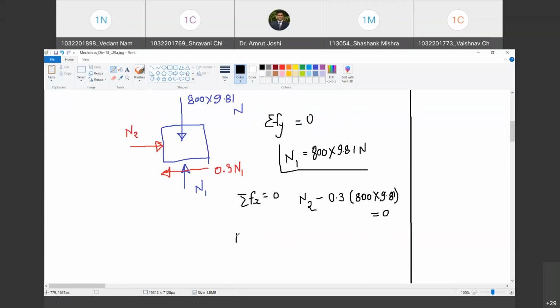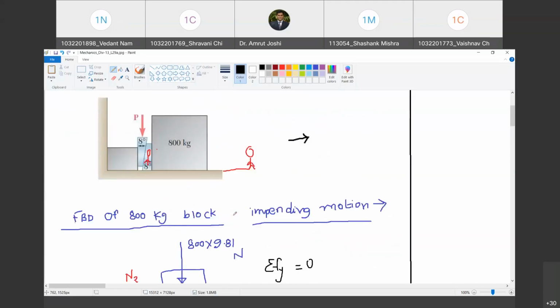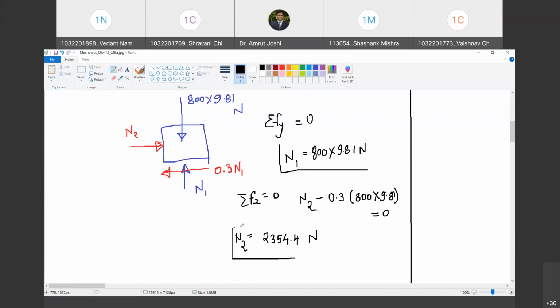Sir, N2 is 2354.4 Newton. Do you agree with me? And as it is positive, therefore the originally assumed sense of N2 is correct. Therefore it is towards right on this 800 kg block. Are you with me?